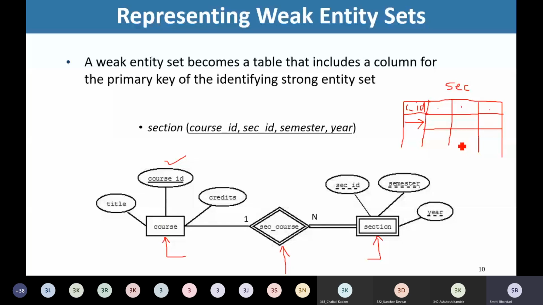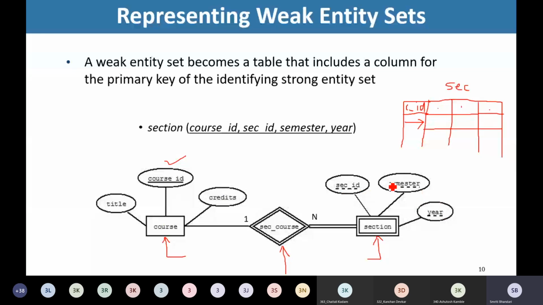So primary key usually is meant for unique identification of the record that is being stored in my table. The primary key is formed by the union of the partial key of the weak entity set and the primary key of the strong entity set.